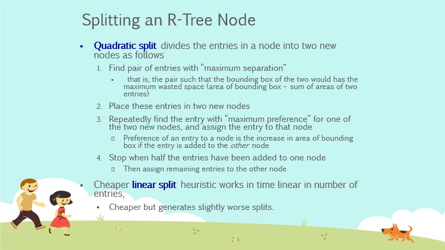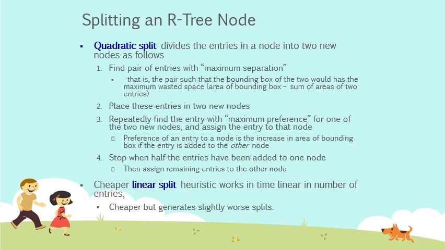Next, place these entries in two new nodes and repeatedly find the entry with the maximum preference for one of the two new nodes and assign the entry to that node. Preference of an entry for a node is the increase in area of the bounding box if the entry is added to the other node. Then stop when half the entries have been added to one node, and assign the remaining entries to the other node.